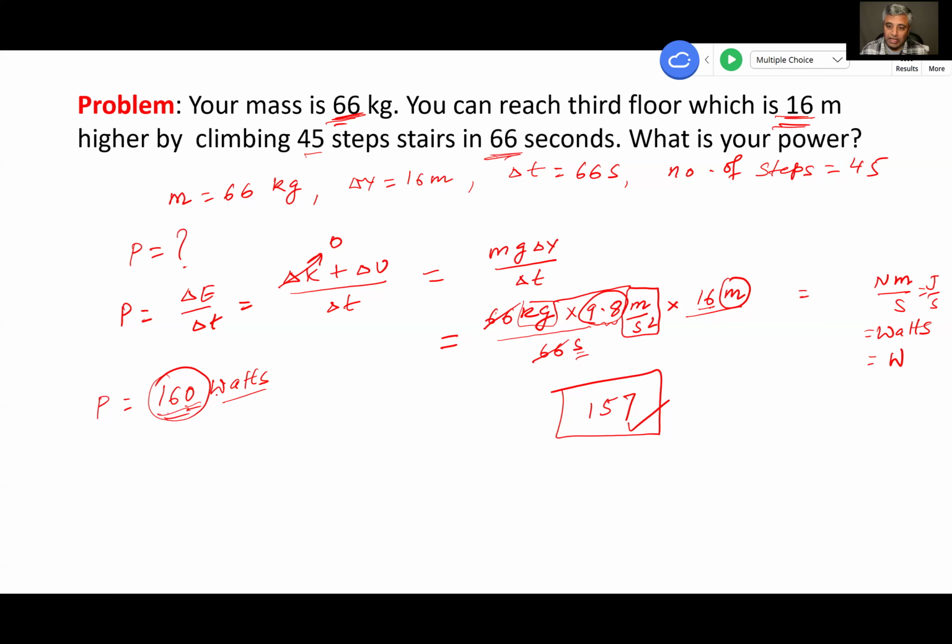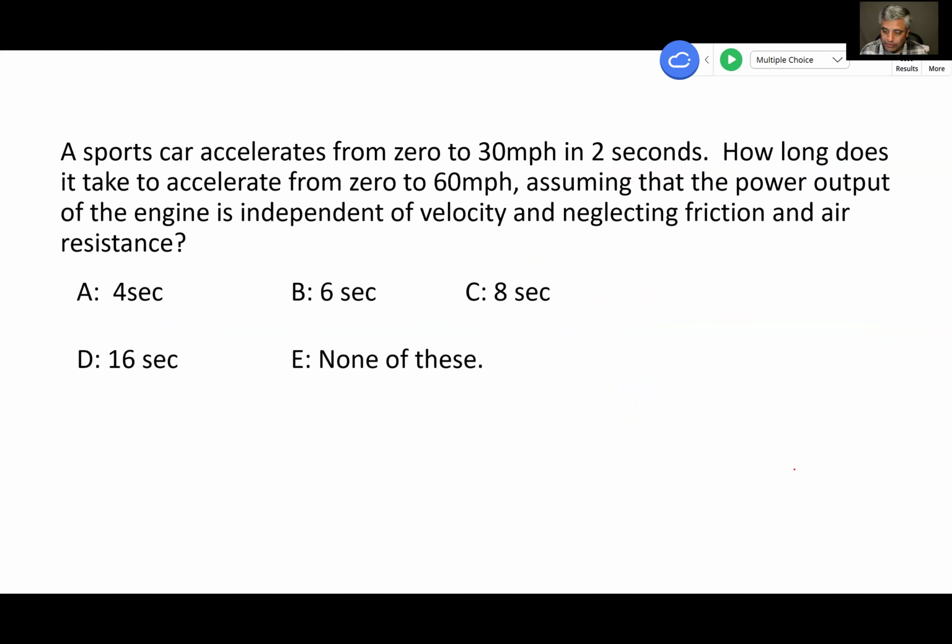So that means we need to round to 2 sig fig. That does not mean we round it to just 16. 16 and 160, they are very different, right? So that's that. Now I have another question for you.